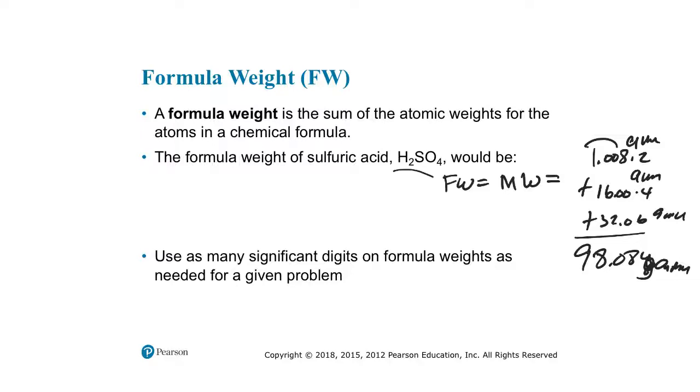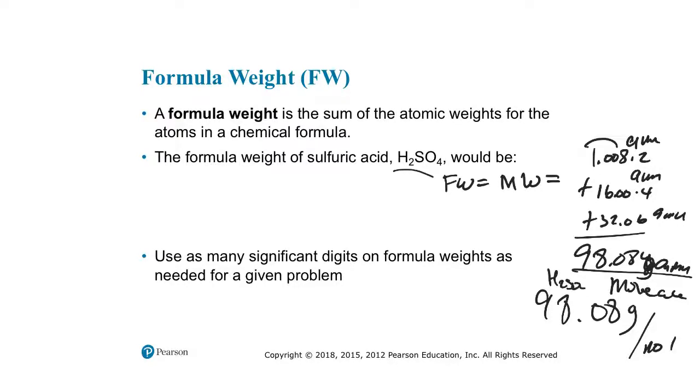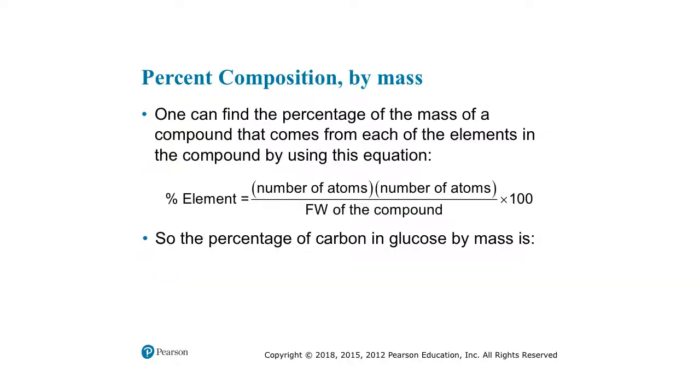We saw in class that this would also be synonymous with the mass of 98.08 grams per mole, and that this AMU mass is for one single molecule of H2SO4. So the mass of one molecule of H2SO4, 98.08 AMU. The mass of a mole of H2SO4, 98.08 grams.